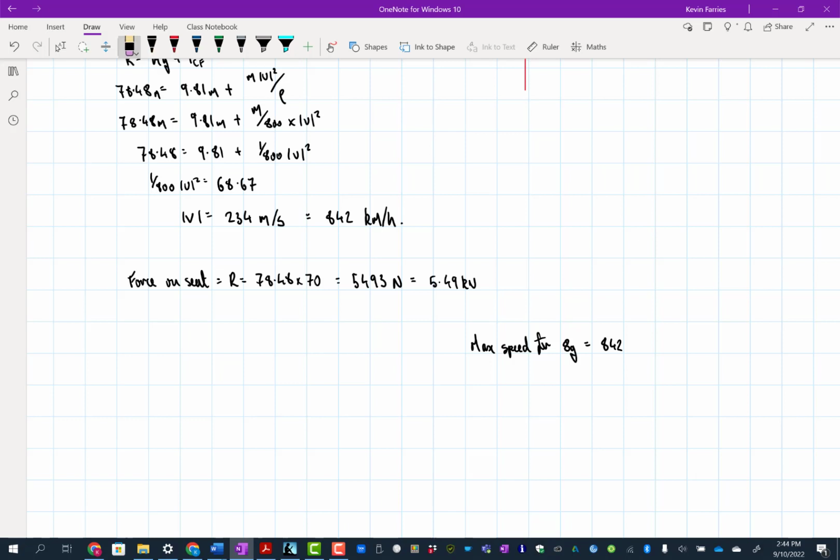It didn't really ask us to change it to kilometers per hour, so I'll just put it in meters per second. It's 234 meters per second for a 70 kilogram pilot.